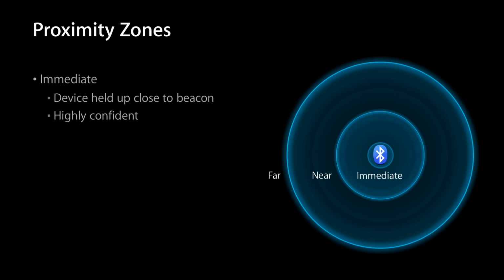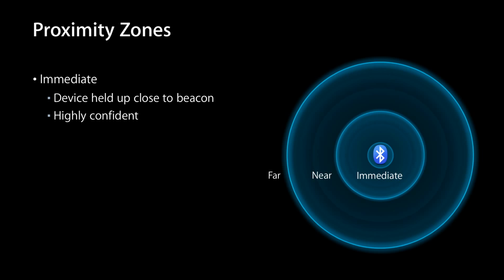The immediate zone is reported when a device is right up next to an iBeacon, measured probably on the order of centimeters. If, for example, the corner of this table was a beacon, it probably represents a user taking a very intentional action of holding their device up to the beacon.